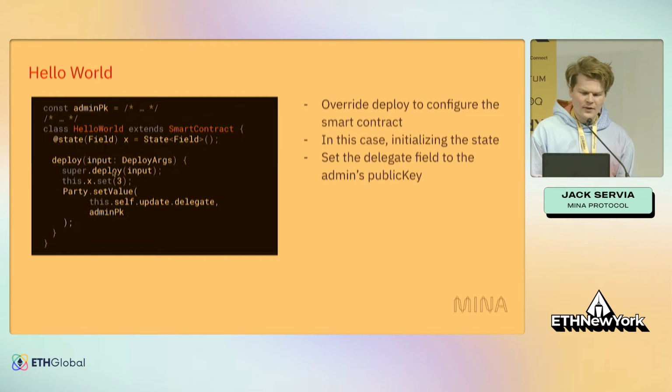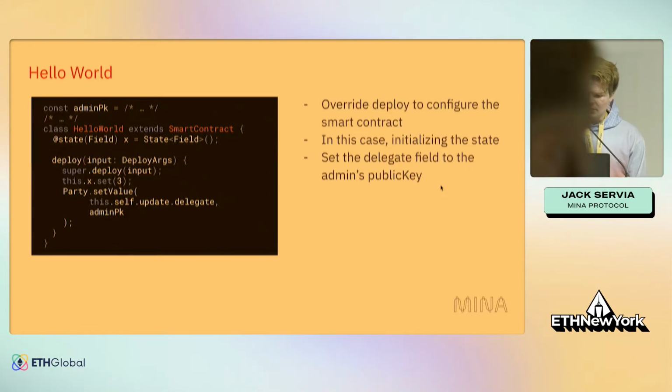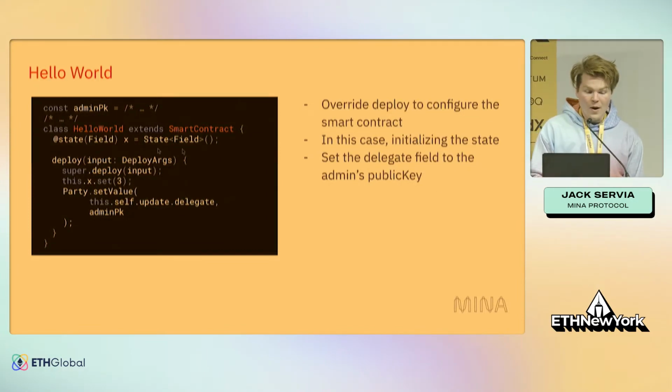Override deploy to configure the smart contract. That's not super important. In this case, initializing the state. This deploy method is the method that's used to put the smart contract on chain, and we're calling this .x set to 3.